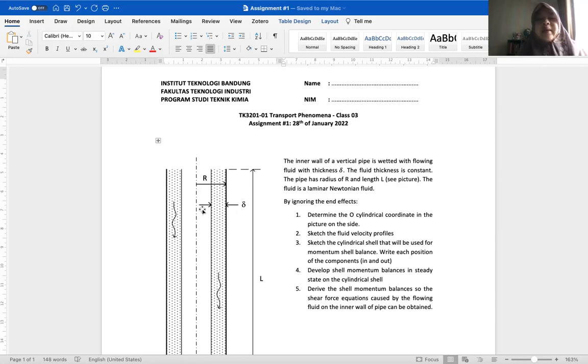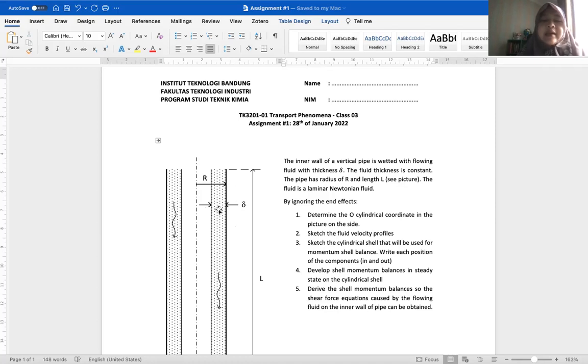Sometimes, if you read the next part of the book, they make a factor, for example equal to kR, so we do the integration from kR to R, a fraction to R.